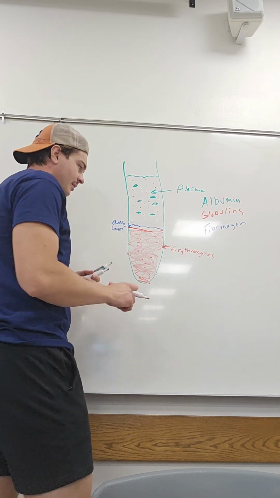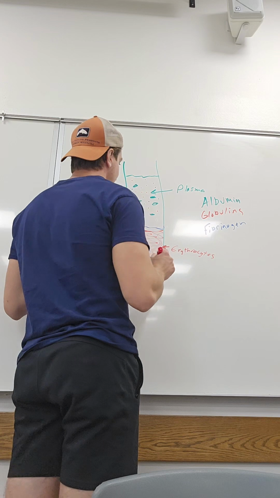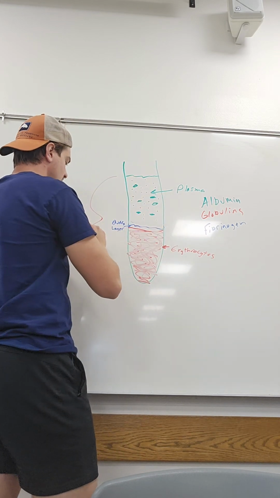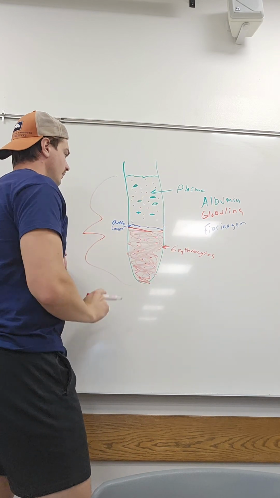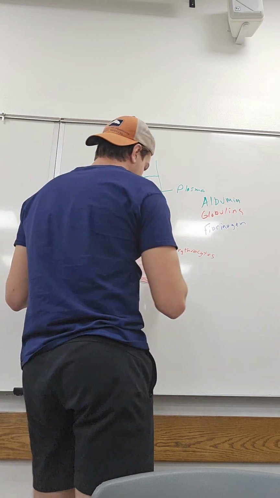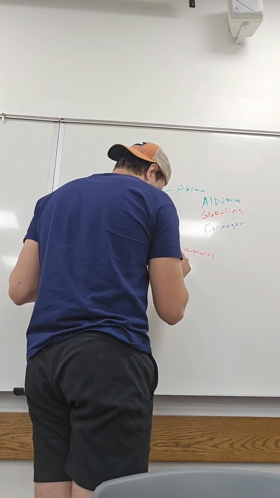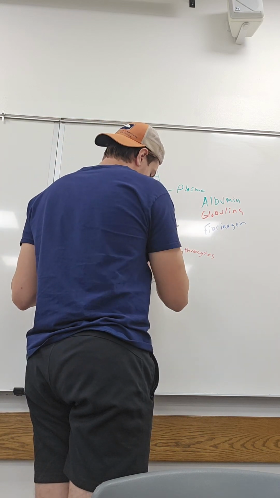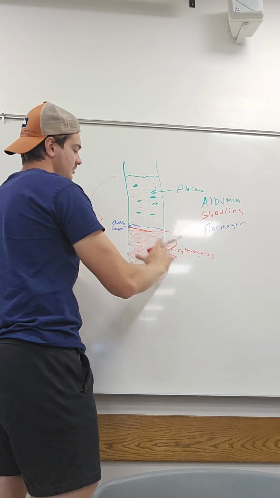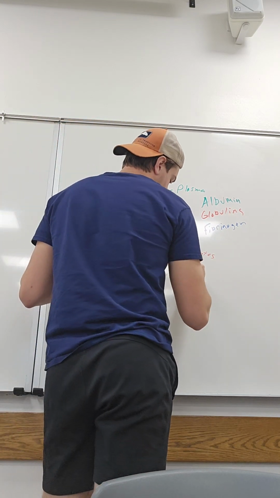You notice at the bottom here we have erythrocytes. Now, if we take this whole volume here, and then we take this part right here, the percentage of this whole thing that's just erythrocytes, that's called your hematocrit.